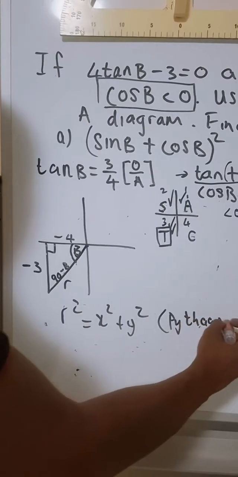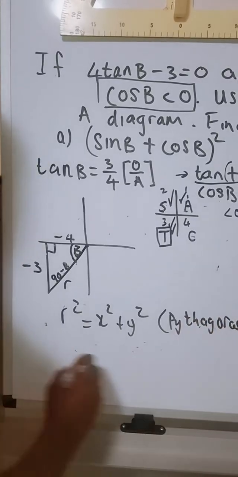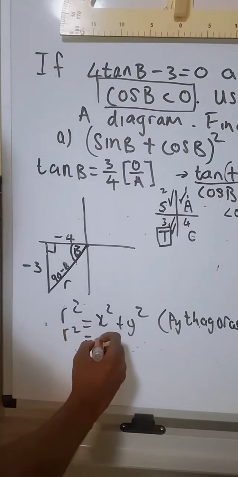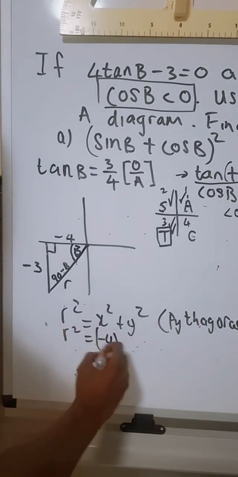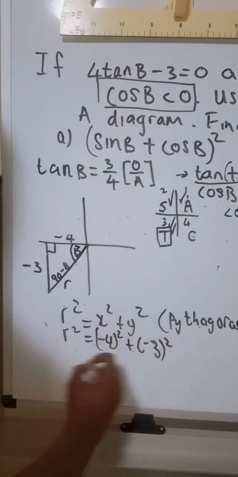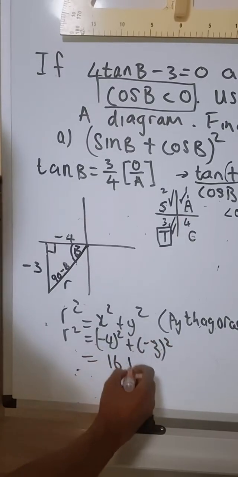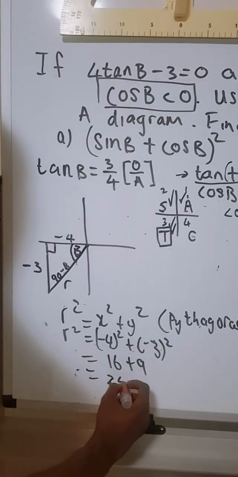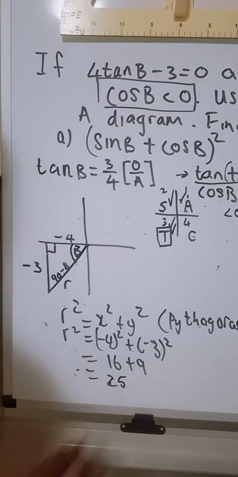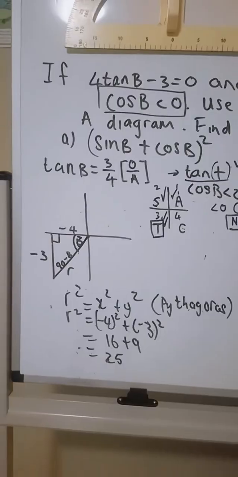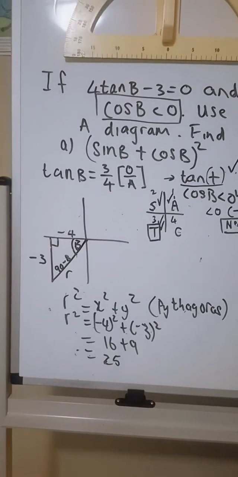We Pythagoras it up. That is (-4) the whole thing squared, (-3) the whole thing squared, 16 plus 9, which is 25. Okay, very good. It's 25.